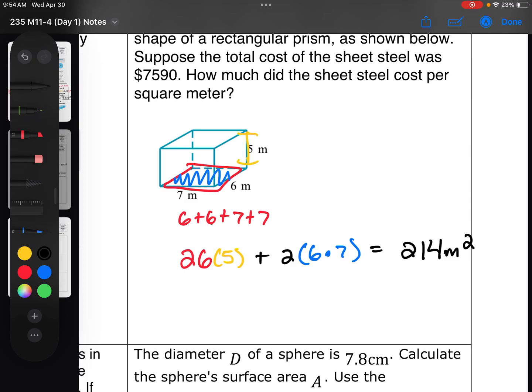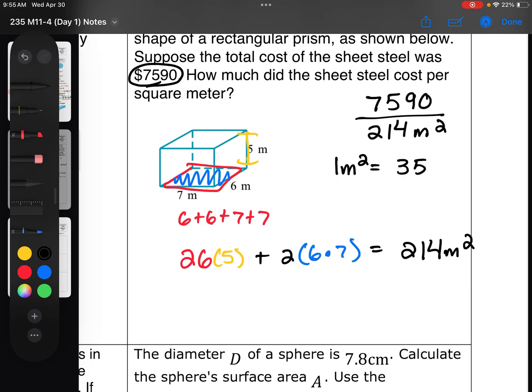So if they spent a total of this, we have to divide the amount of money that they spent by the amount of square meters to figure out what is the cost per 1 square meter. So 1 square meter is going to cost us, let's see, 214, $35, and you round it to the nearest dollar.